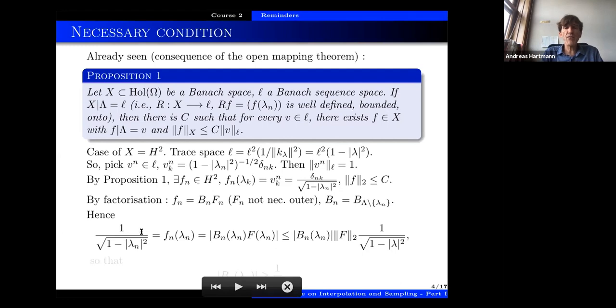I get the weight. The weight is the value of Fn in lambda n. Fn, I can write as this product. Now F of lambda n, I can, for example, write as a scalar product of F. As yesterday, I can write this as F against k lambda n, the reproducing kernel.